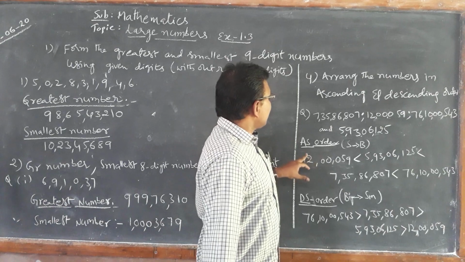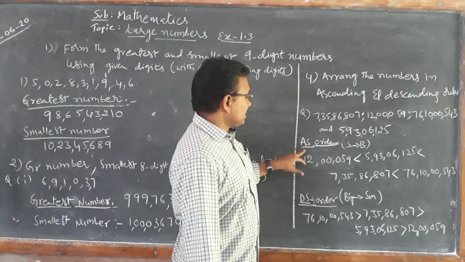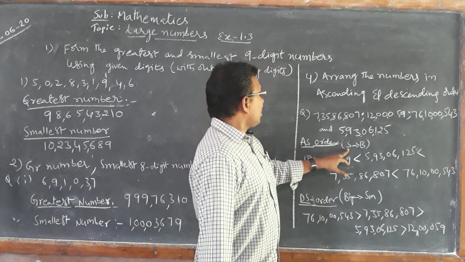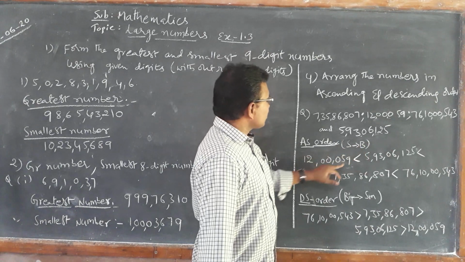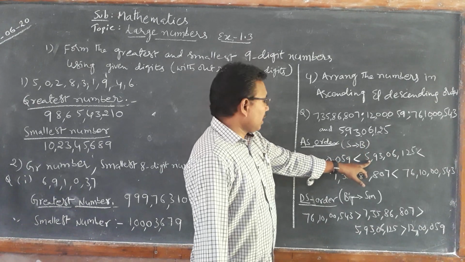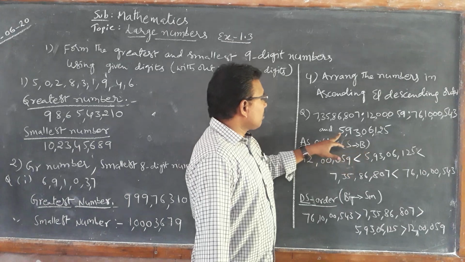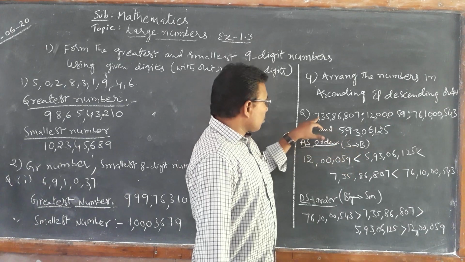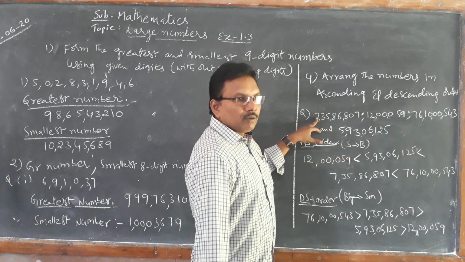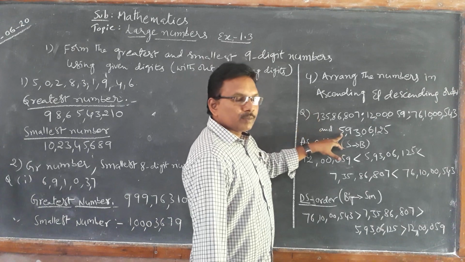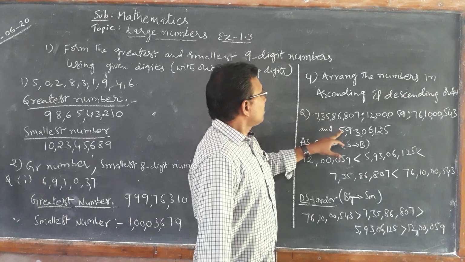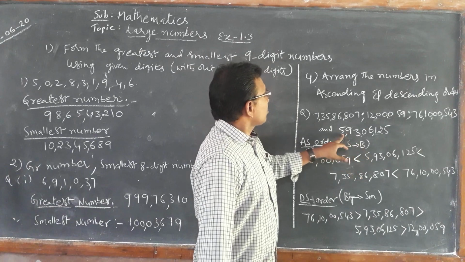So arranging in ascending order: ascending order means writing small to big. The smallest one you should take first, and the bigger one next. Now the crores place 5 is smaller, and the crores place 7 is bigger than 5. So the smallest number starts with crores place 5.